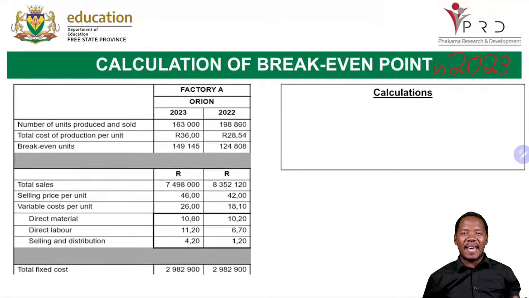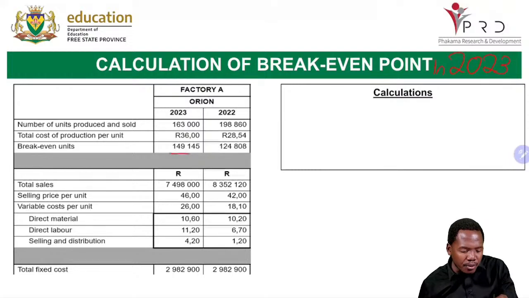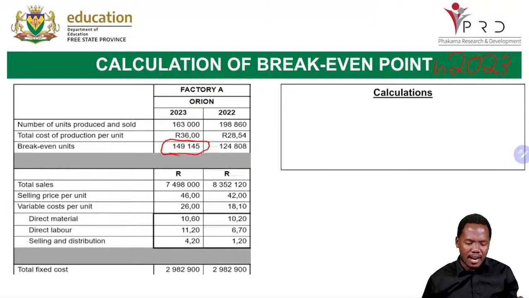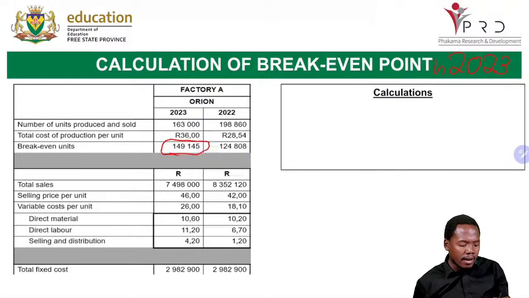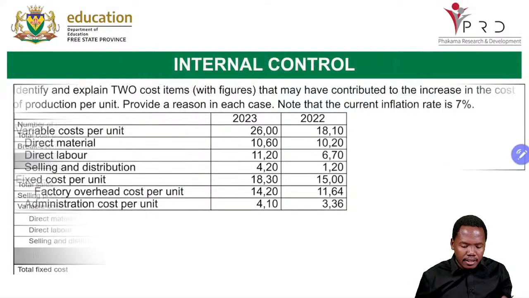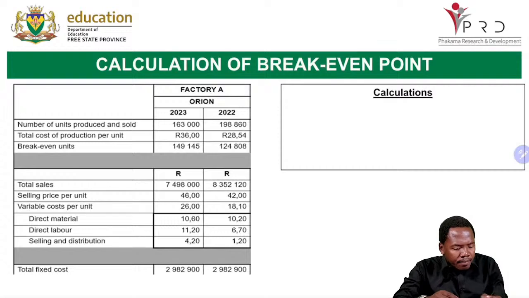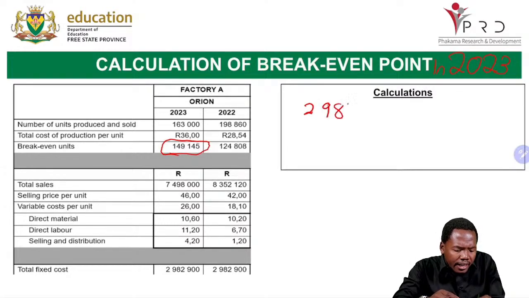Great, welcome back. I hope you did well here. We are trying to prove the 149,145, whether that amount is correct. We are trying to prove those units. How do we calculate that? Let us look at that. We are going to say 2,982,900.